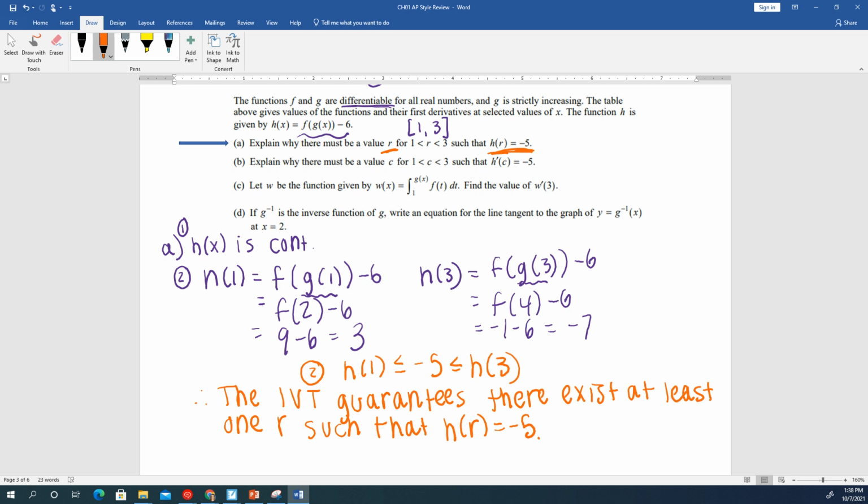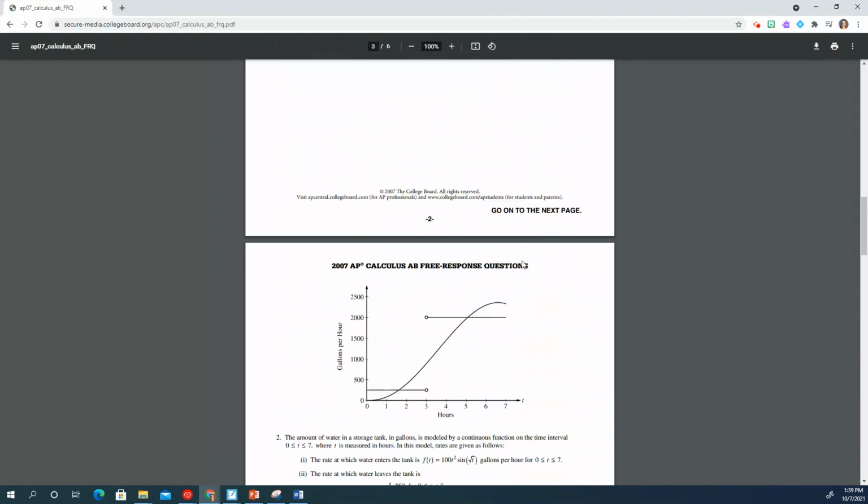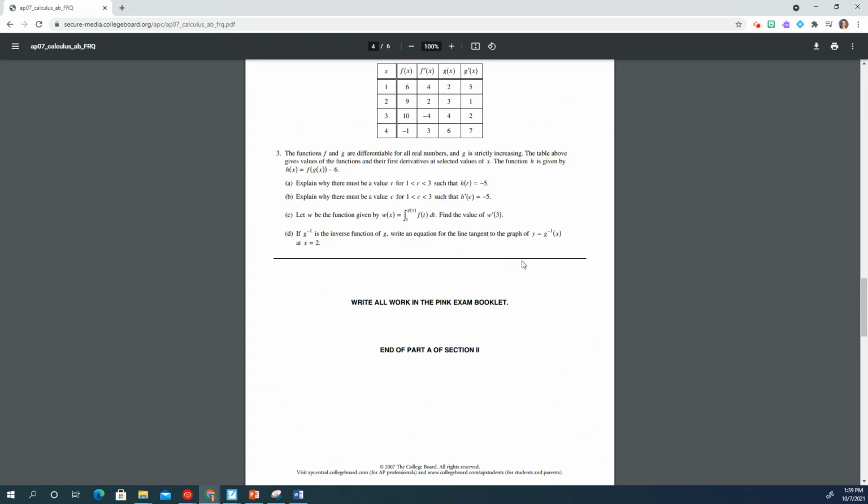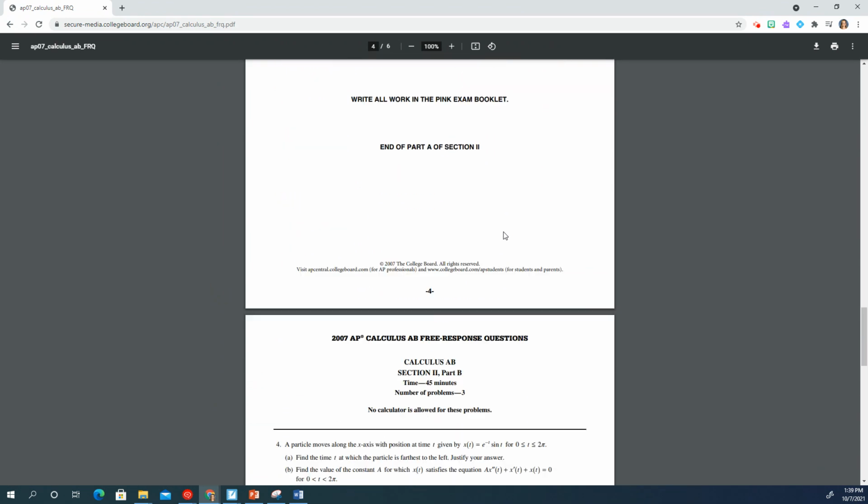Okay, I'll quick pull up the scoring guideline for that one. What year was this one? 2007, question 3. Oh, that's just it.